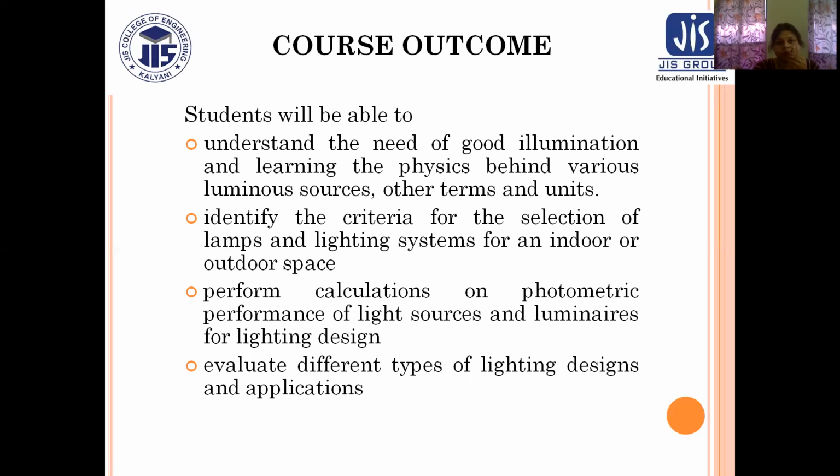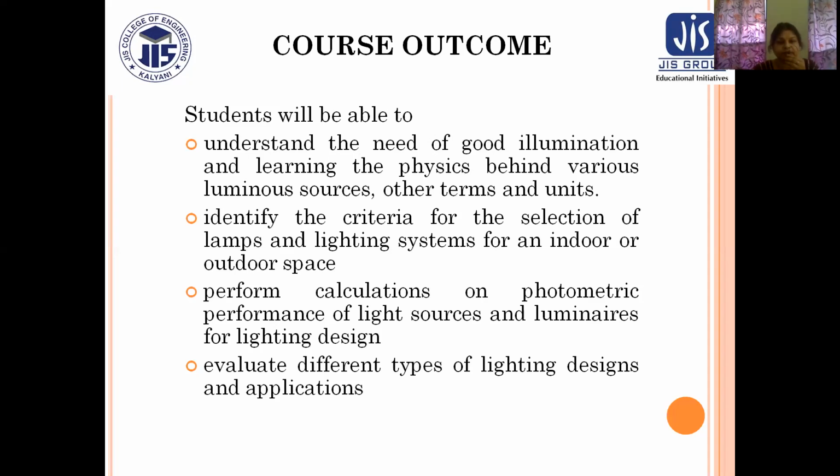In this outcome based education system, the illumination engineering course has some outcomes by which students will be able to understand the need of good illumination and learn the physics behind various luminous sources, other terms and units. They can identify the criteria for the selection of lamps and lighting systems for an indoor or outdoor space.